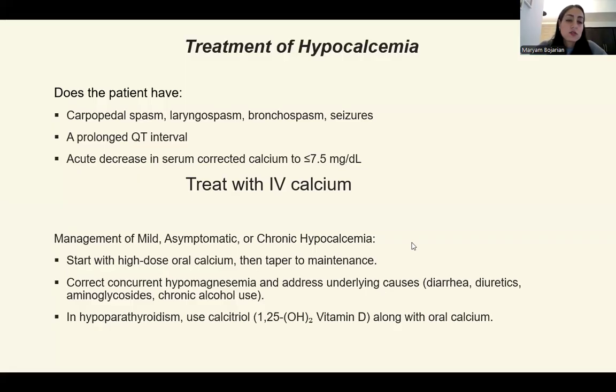Just as a reminder, 1-alpha hydroxylase converts 25-hydroxy vitamin D to the active form of vitamin D, which is 1,25-dihydroxy vitamin D. This active form of vitamin D regulates calcium level in our body. So if your patient does not have parathyroid hormone, the 1-alpha hydroxylase enzyme cannot be activated, and we need to give the patient calcitriol from outside.